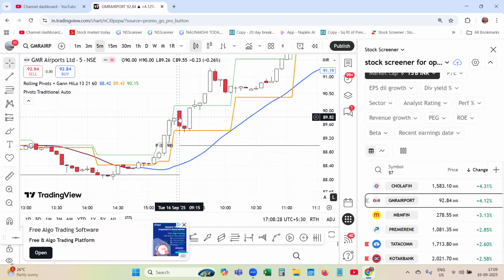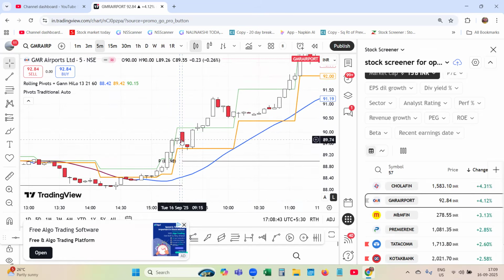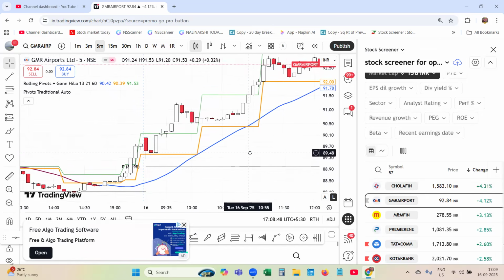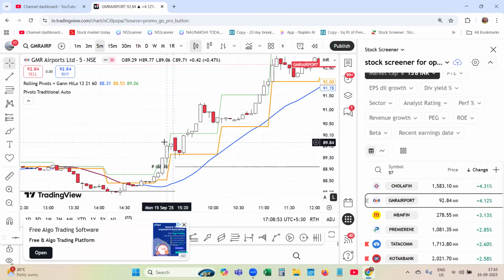They are not dynamic. And these are my rolling pivots. Even though price came down, it is above the rolling pivot, the static pivot and the Gann HiLo, and this is the dynamic pivot. Price is above the dynamic pivot, and you can see the 5, 10, 15 minutes breakout. This gave a breakout within the 15 minutes.